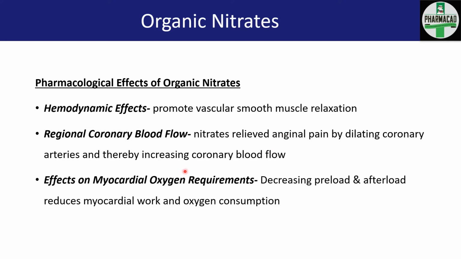It also has some effect on reducing myocardial oxygen consumption or requirements. How? Since there is vasodilation, the preload and afterload on the heart will be reduced. This reduces the overall workload of the heart, and since workload is reduced, the oxygen requirement by the heart wall will be reduced.